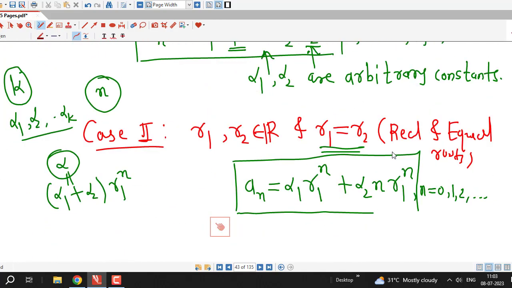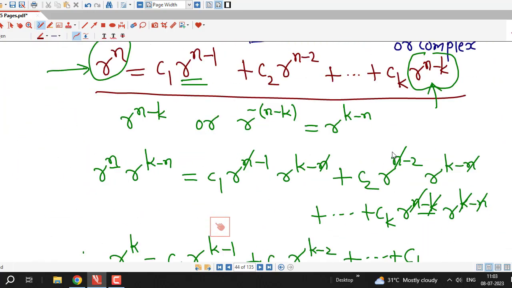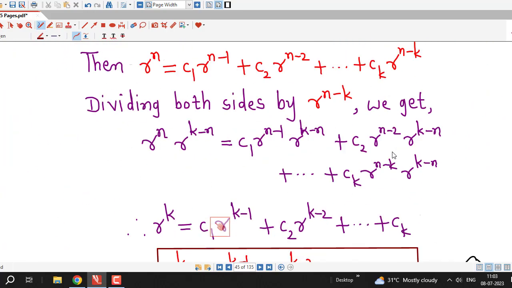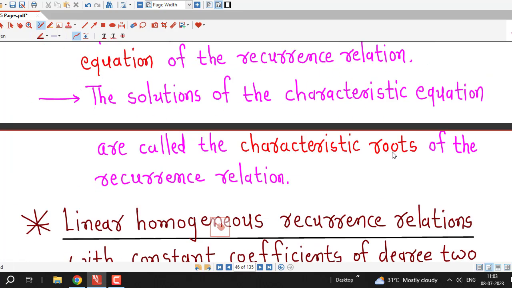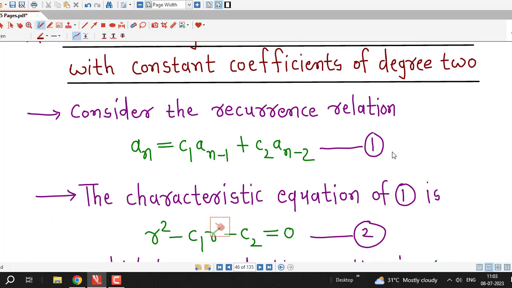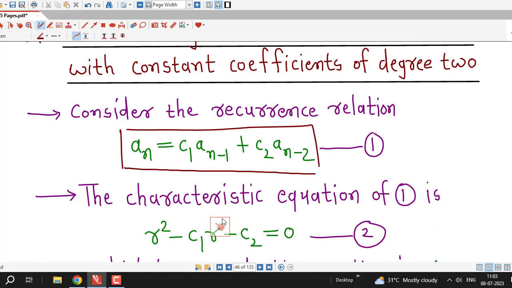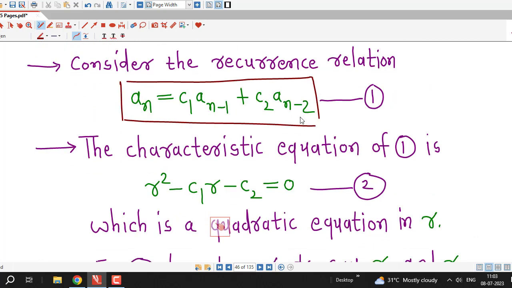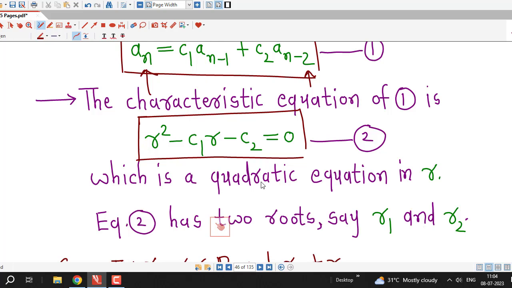To find out the solution of recurrence relation, you have to first write down the characteristic equation corresponding to the given recurrence relation. Suppose this is our recurrence relation, then first we have to write down the characteristic equation. If recurrence relation is of degree 2, then characteristic equation is a polynomial of degree 2. And here, corresponding to this recurrence relation, I have written r square minus c1 into r minus c2 equal to 0.